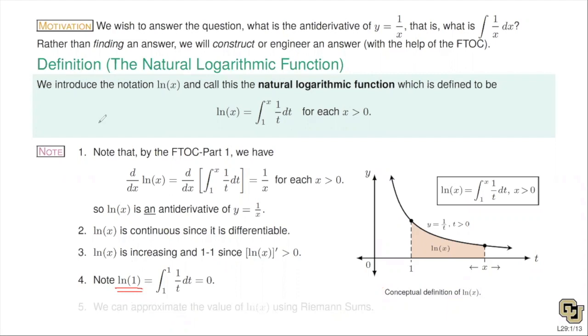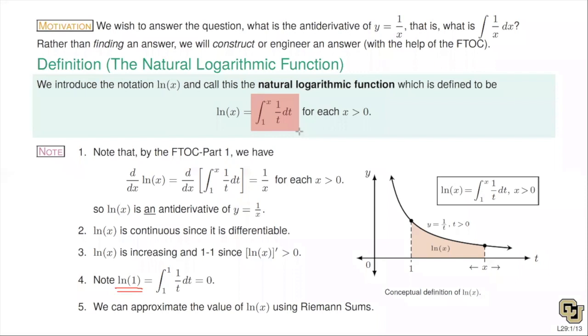For the other values of the natural log, note that we can approximate or find the value of this definite integral using Riemann sums. The nice thing to appreciate here is that we've done everything from scratch. Starting out with the area of rectangles and Riemann sums, by taking the limit, we created the definite integral, and then from the definite integral, we've created the natural log function.